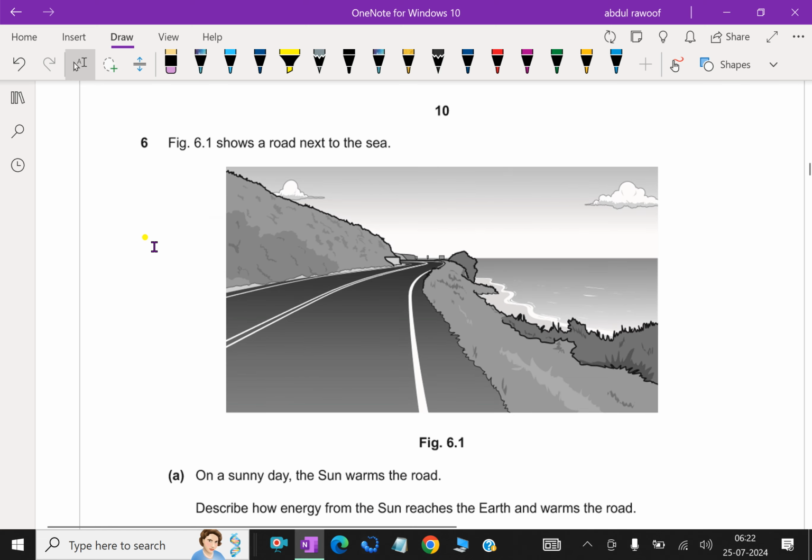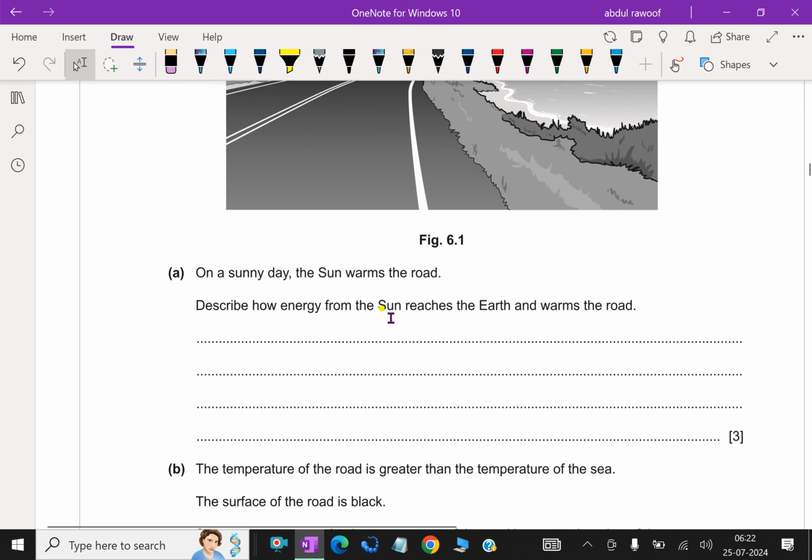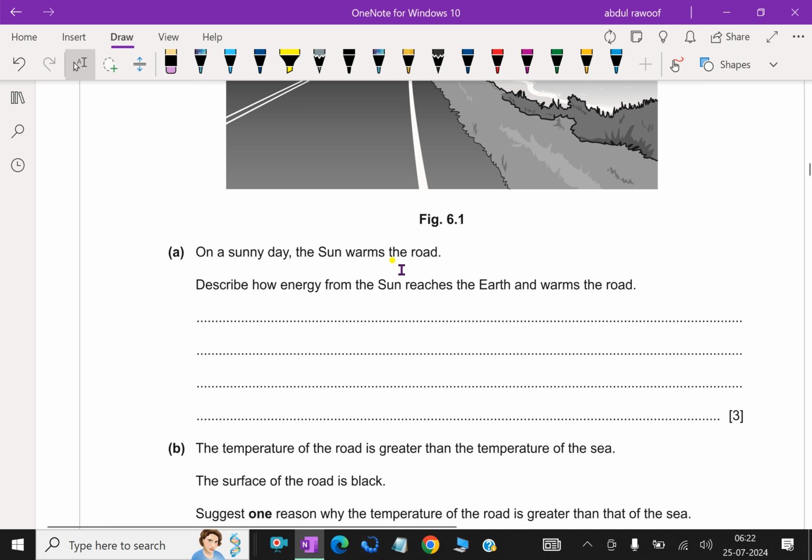Look at this figure. This figure shows a road next to the sea. On a sunny day, the sun warms the road. Describe how energy from the sun reaches the earth and warms the road.